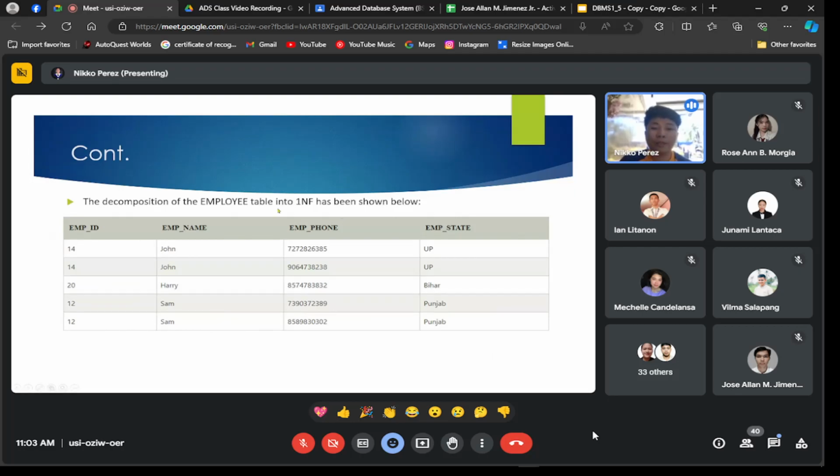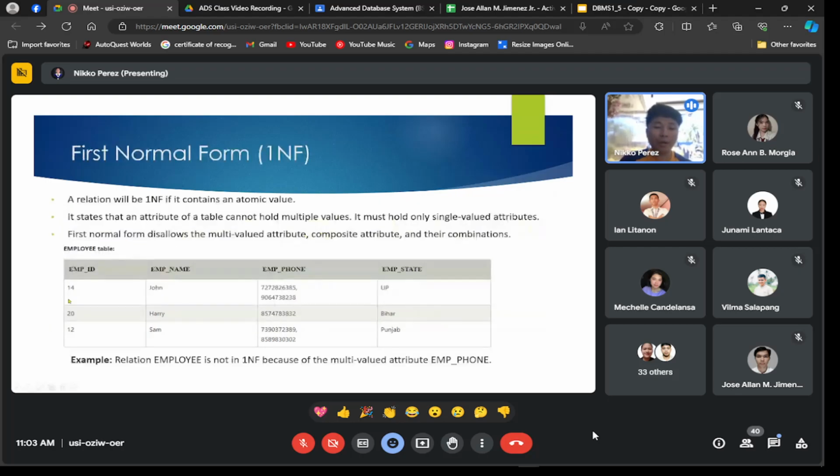So the decomposition of the table employee into first normal form has been shown below. In first normal form, if we identify that there are multi-valued attributes with a specific record containing multiple data, all we have to do is to redistribute it. Same as what happened in our previous table. If you notice, first record, second record, third record for John, Harry, and Sam.